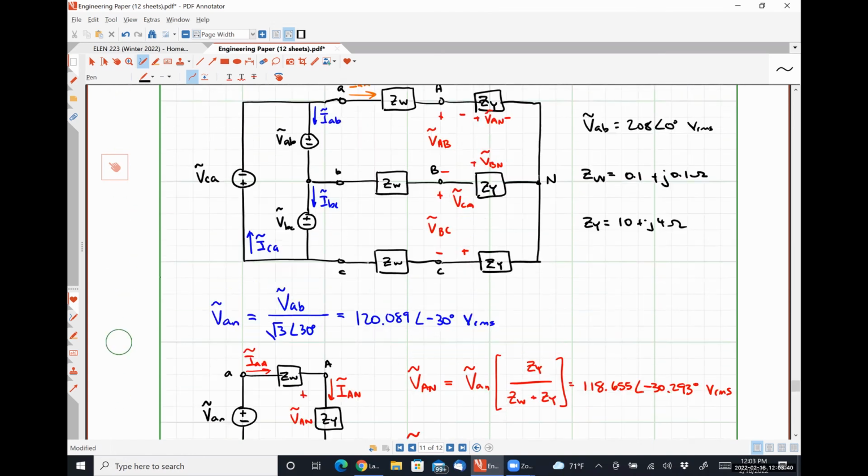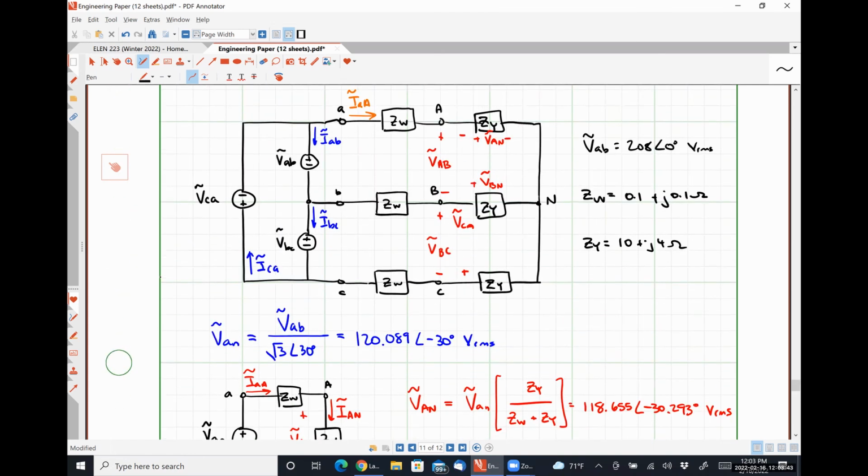Performing KCL up here, just to remind you, we're going to say that ICA is equal to IAB plus IAA.